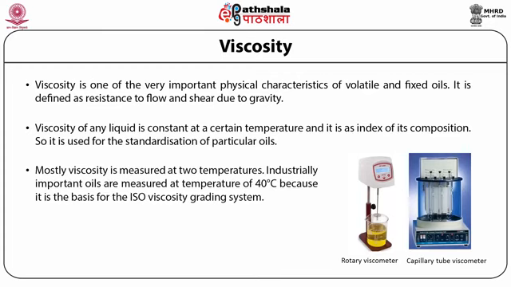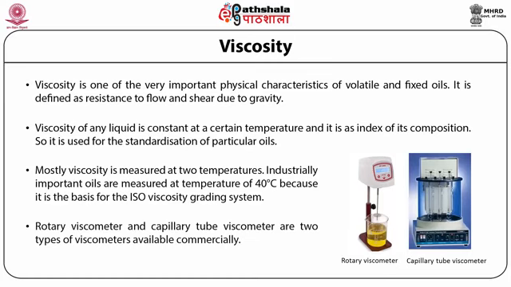Mostly the viscosity is measured at two temperatures. It can be determined by using a rotary viscometer or a capillary tube viscometer. So there are several models available for these viscometers based on rotary or capillary tube viscometers.